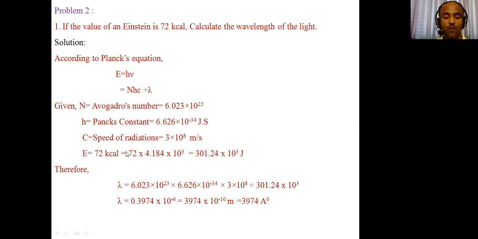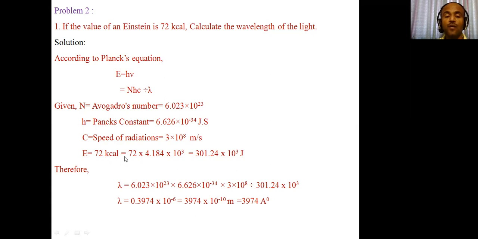We just have modified this formula for lambda, the wavelength, and then it becomes lambda is equal to NhC upon E. Now this is the value of N, Avogadro's number, h Planck's constant, c speed of electromagnetic radiations, divided by value of Einstein.